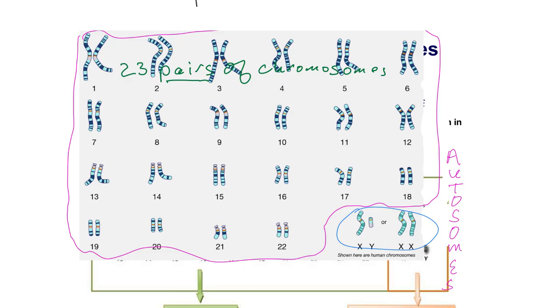Okay, this is a picture of what's called a karyogram. This is when, during mitosis, you take a picture of a cell, all the chromosomes, and then you cut out the chromosomes and put them in order from largest to smallest, leaving the sex chromosomes at the end, number 23.